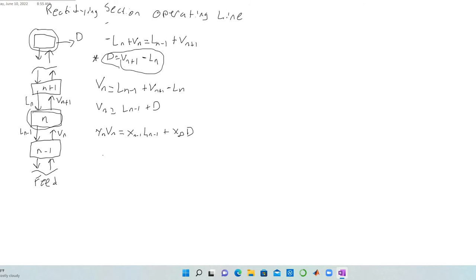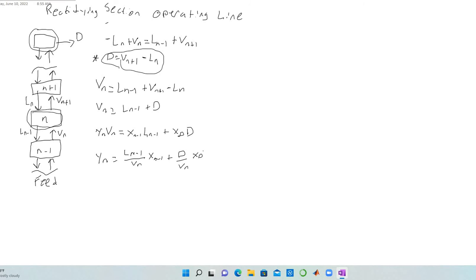Again, since we're doing a graph, we want this to be somewhat in y equals mx plus b format. So we're going to have yn equal to Ln-1 divided by Vn times xn-1 plus D over Vn times xD.